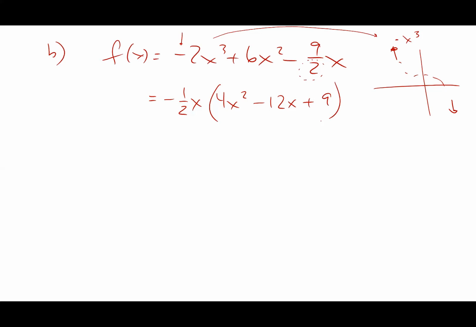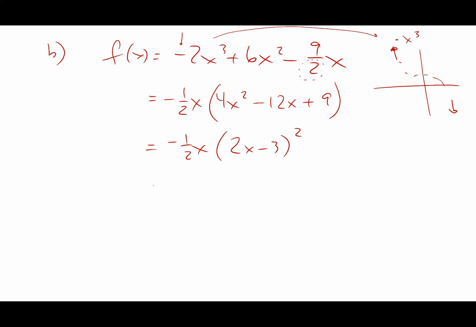X has to come out because x is in all of them. I take out a 1/2 because of the 9/2. And I'm taking out a negative because there's a negative all the way in front. Sorry, I'm going to do the factoring for you guys. We're good? So if that's the case, that is actually a nice little factoring process of 2x minus 3 to the second. It's a perfect square trinomial.